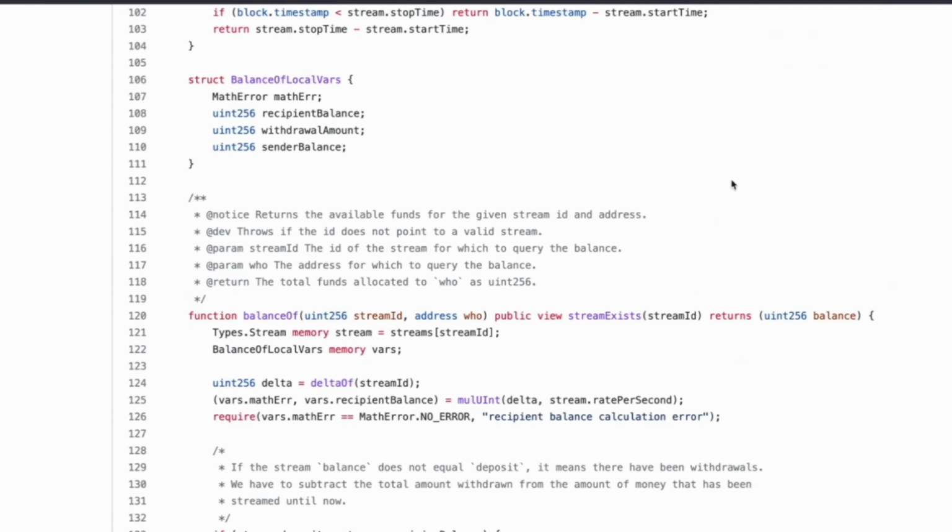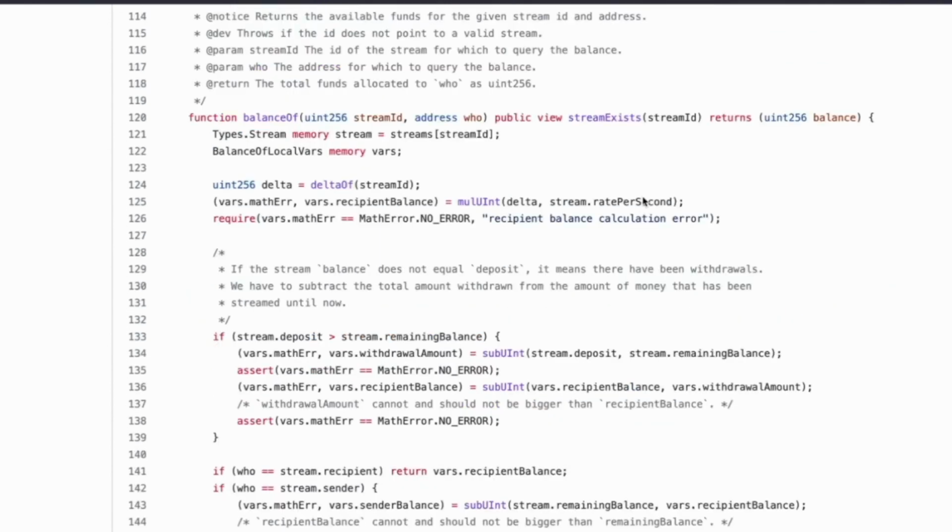It doesn't go straight into Bob's wallet in a stream, I think, because it returns the available funds for the given stream ID and address. Oh no, maybe this is just how much is left. Let's say I put in 3,000 and I've streamed 2,000. Yeah, you're right. This is 1,000. Okay. Forget about my little rant. Good rant though. I like it. Thank you. Jazzed up on coffee today, so I'm really digging into this.